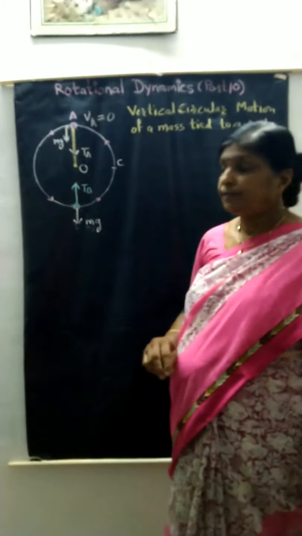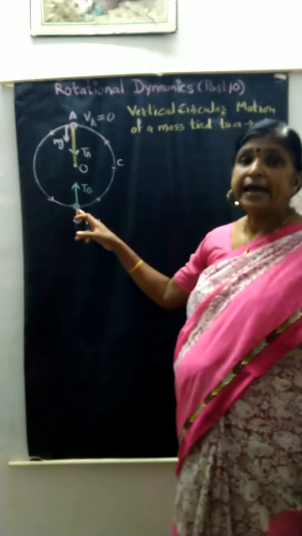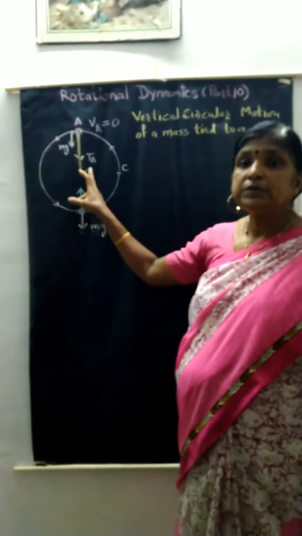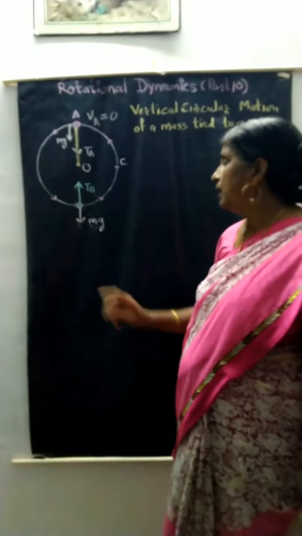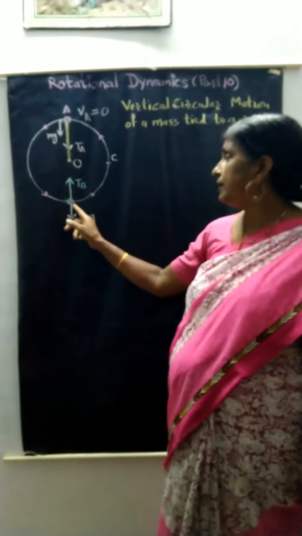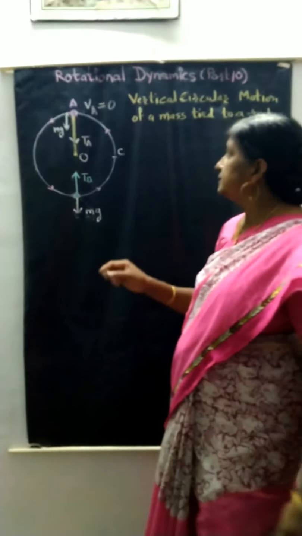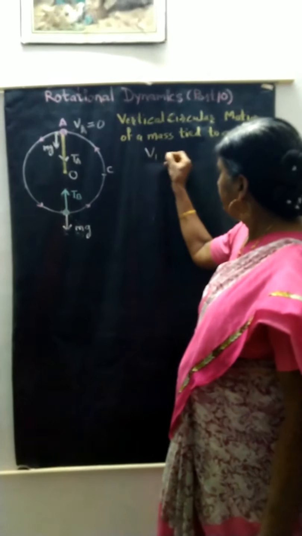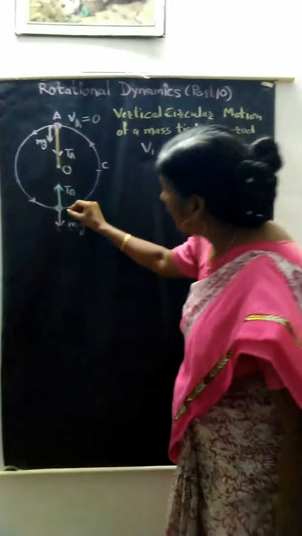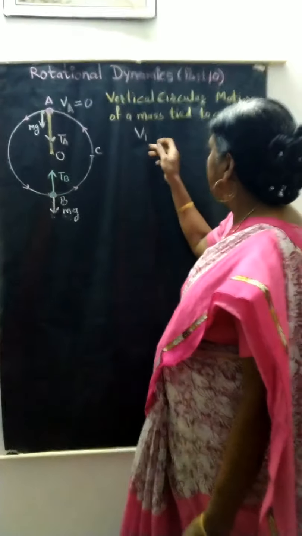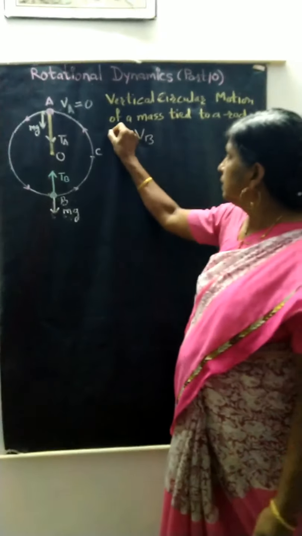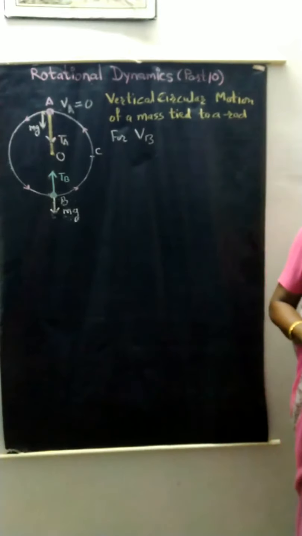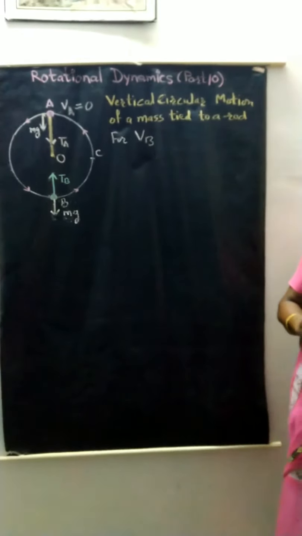At the bottom point, the different forces acting on the body are the tension Tb towards the center of the circle and the weight mg acting vertically downwards. So let us calculate the minimum speed required at the bottom point B of this circular path. For calculating Vb, let us use the principle of conservation of energy.